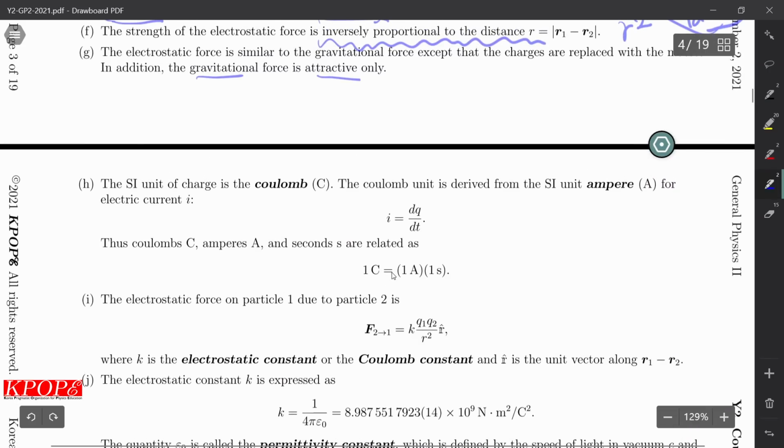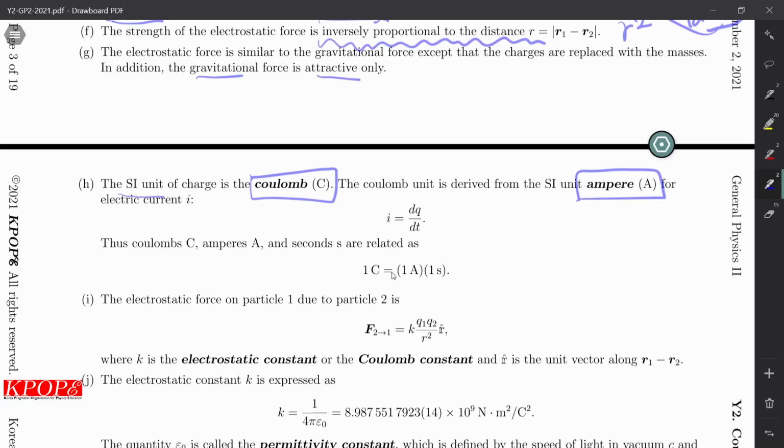The SI unit of electric charge is the Coulomb. The Coulomb unit is derived from the SI unit ampere. And ampere is the unit for electric current. An electric current is defined by charge per unit time.